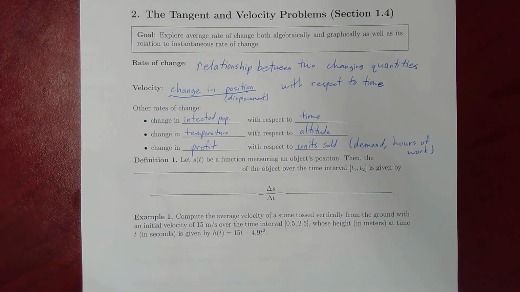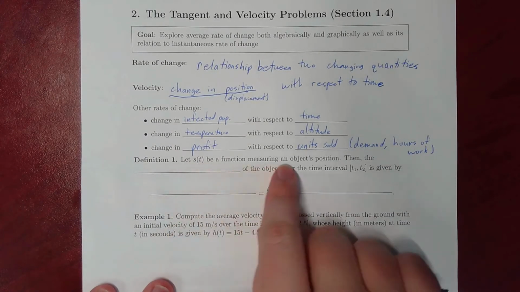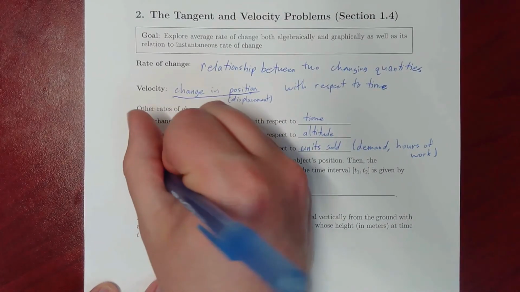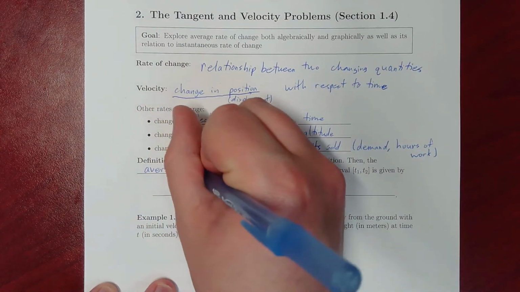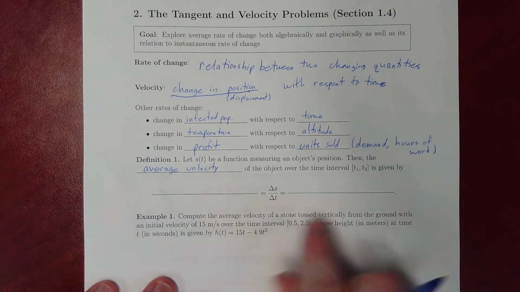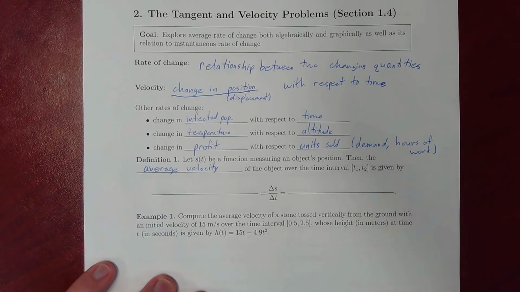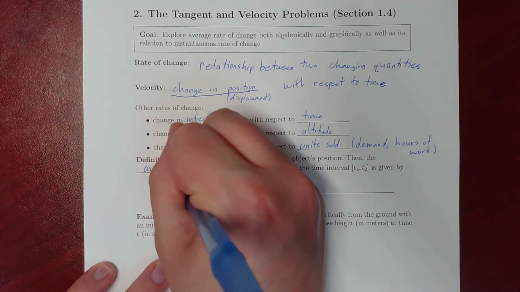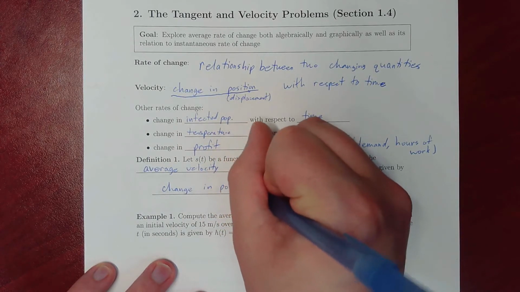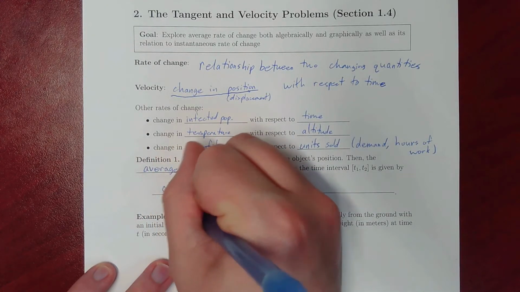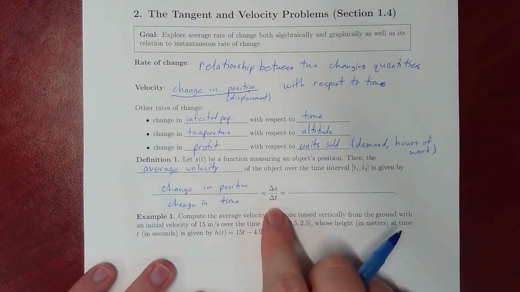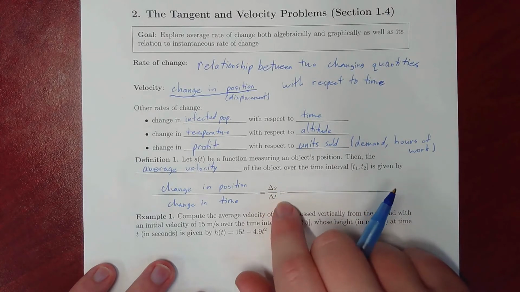So let's start off with a definition. We're going to let s of t be a function that measures an object's position. Then the average velocity of the object over the time interval t1 to t2 is going to be given by the change in position divided by the change in time. So the way we're going to represent this symbolically is with these delta s and delta t.